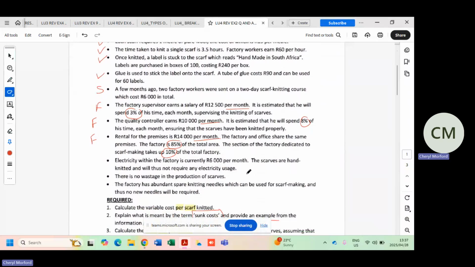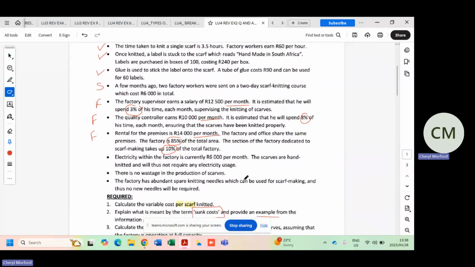Then electricity, it's 6,000 per month, meaning that that is also fixed. However, the scarves are hand knitted, so they don't require any electricity. So therefore, we will ignore that one. It's not relevant. We have no wastage either, so we don't have to account for that.